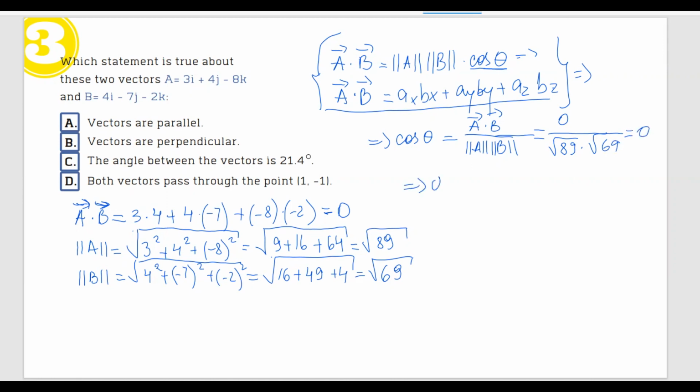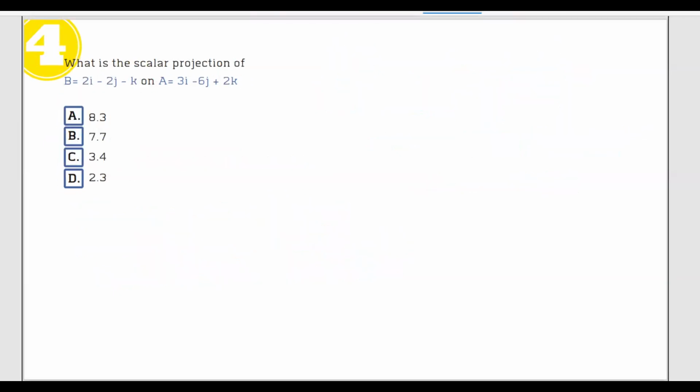This means that theta equals arc cosine of 0, and we get that theta equals 90 degrees. So this means that these two vectors are perpendicular. Answer is B.